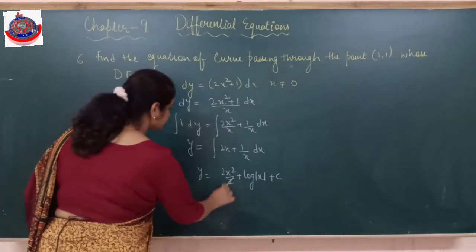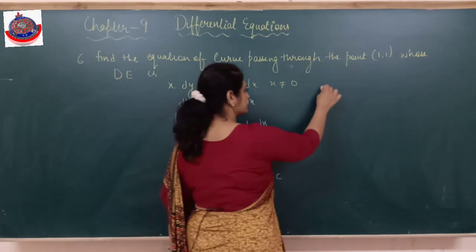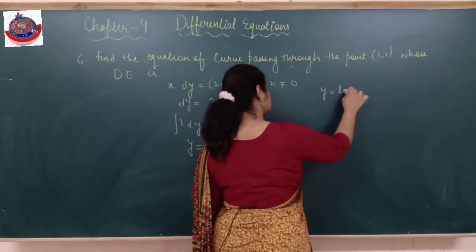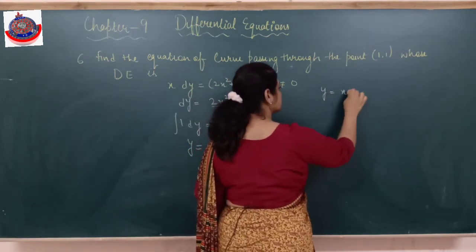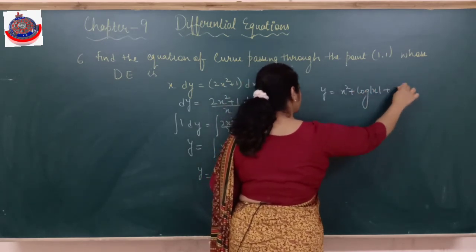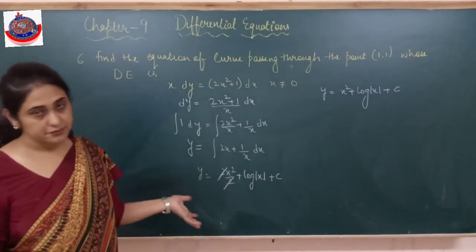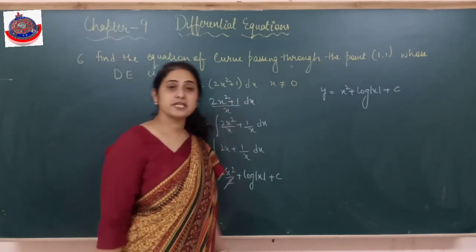Clear? So I have, plus c. Now this is a family of curves represented by this differential equation. Is it clear?